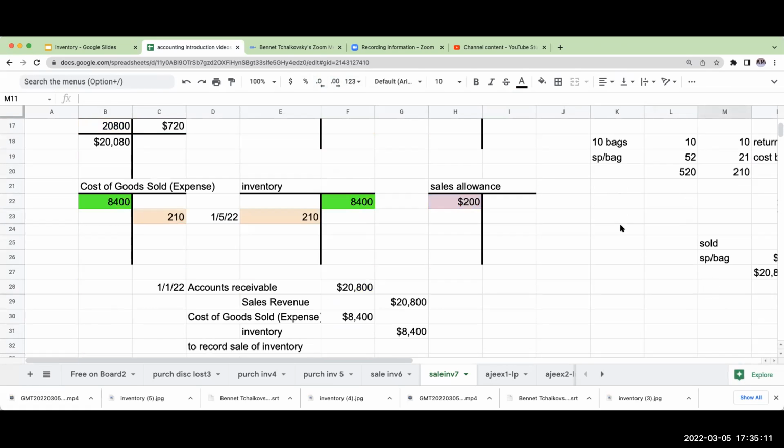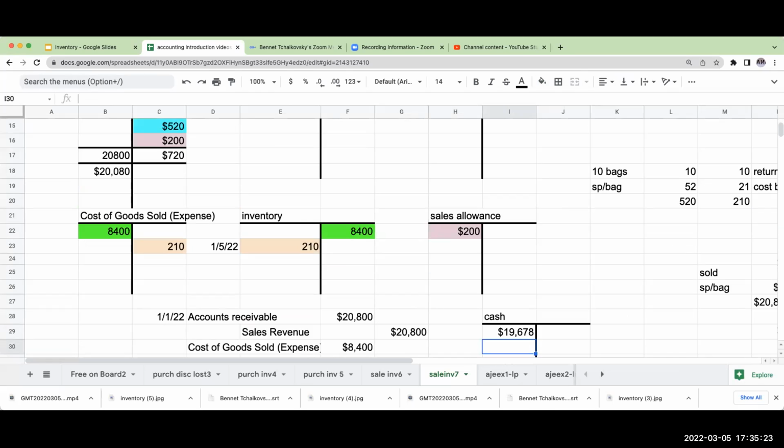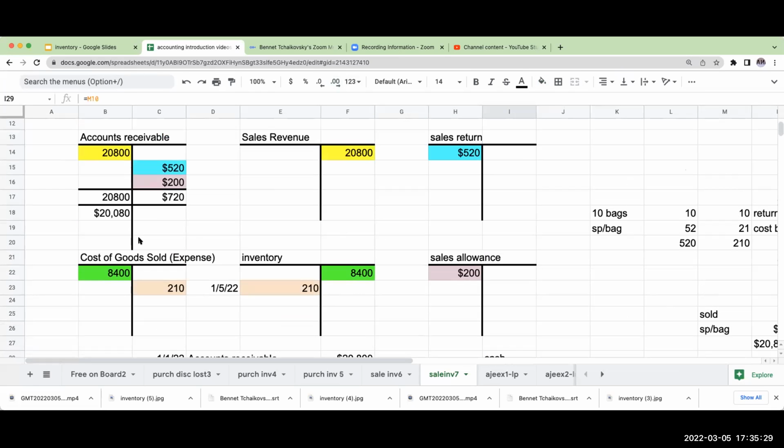So let's go through and record this one. I'm receiving cash, right? Cash is an asset. I'm going to show that cash coming in with a debit, so I'm going to debit cash for $19,678.40. At the same time, once the customer pays within the terms, do they owe me anything?